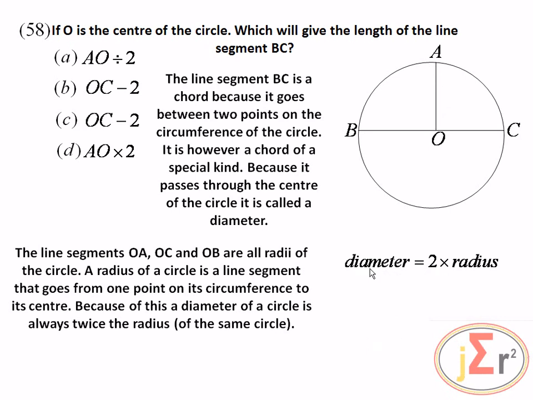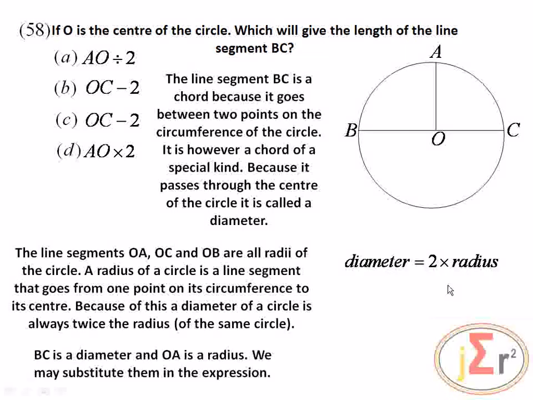So what is the diameter? The diameter is BC, and the radius, any one of these would be the radius. So BC is a diameter and OA is a radius. We may substitute them in the expression. So BC is equal to 2 times OA.